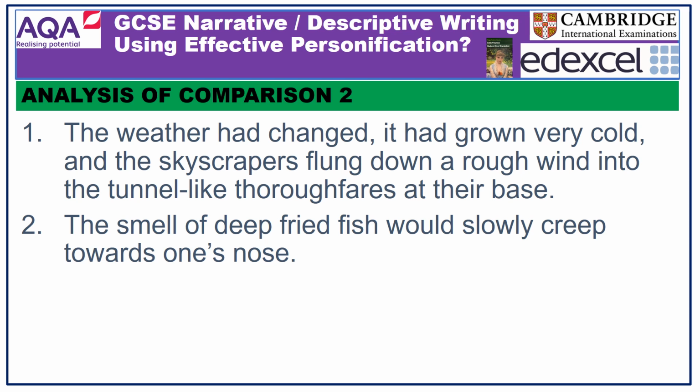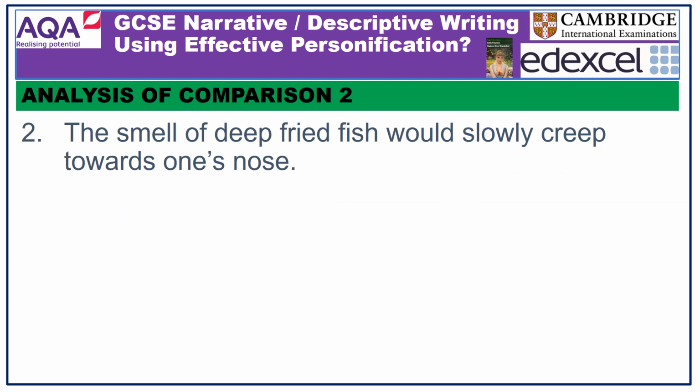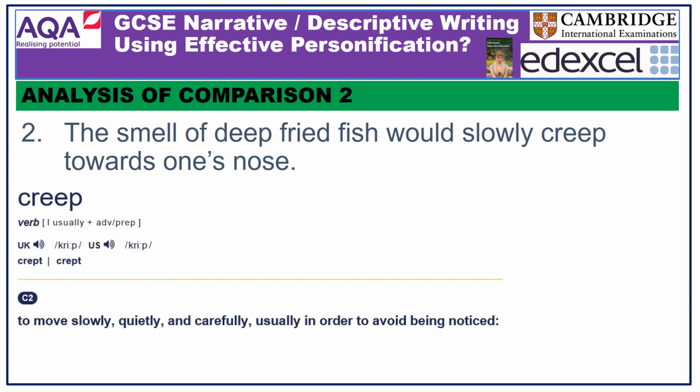Another example of creeping within some personification used by one of my past students. However, I'm not sure this is as effective as the previous example. Remember, creep is defined as moving slowly, quietly and carefully, usually in order to avoid being noticed. Well, why would the smell of fish need to be so sneaky?